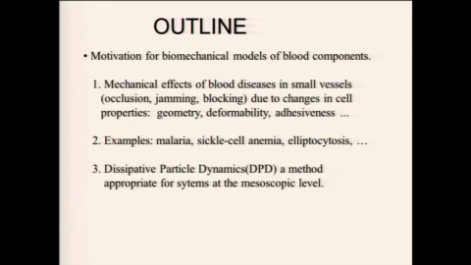What is the motivation for looking at biomechanical blood components? Well, there are diseases like malaria where in the small vessels, because of changes in cell properties especially, you get occlusion, which is just a way of saying reduced flow, and actually jamming and blocking.